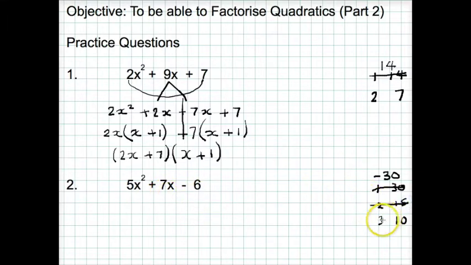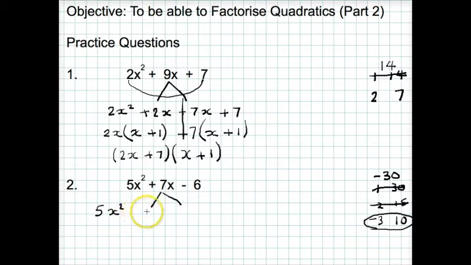Last one, could it be negative 3 add 10? Negative 3 add 10 gives me 7. So this is the combination I'm looking for. Remember, the next thing to do is to split this centre term. So I write it out again. I've got 5x squared. Now, there's two ways I could do this.